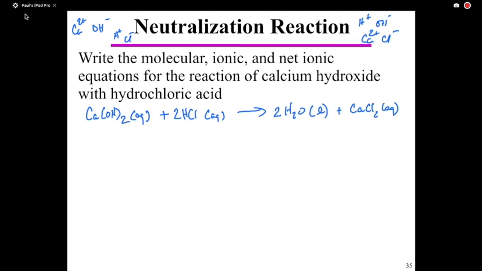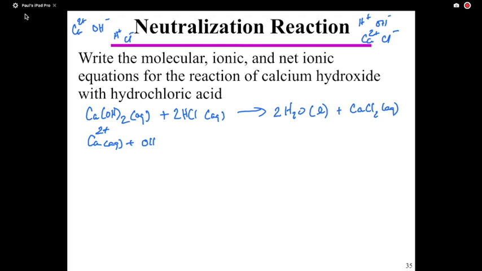What's the ion? What's the first ion? Calcium. What's the second question? What's its charge? Plus 2. My third question, how many do I have of them? 1. And the last thing is just labeling it.